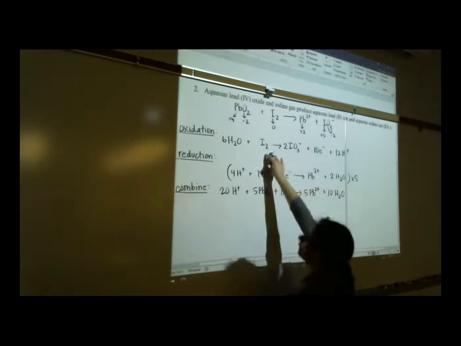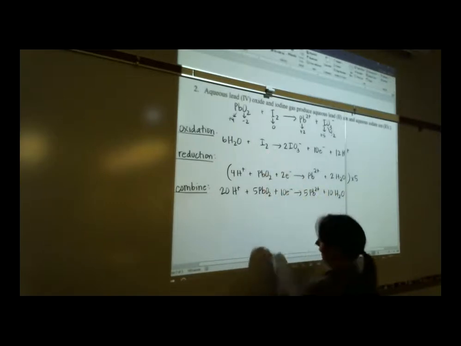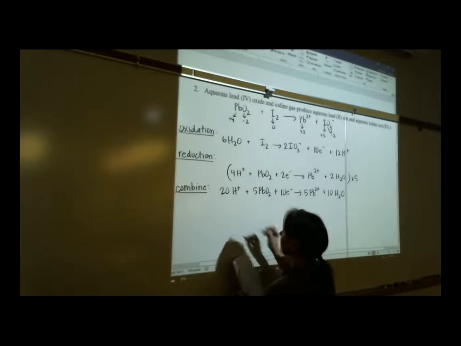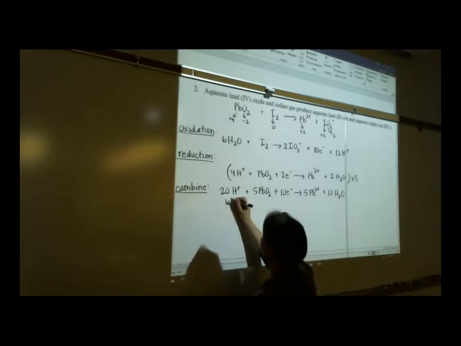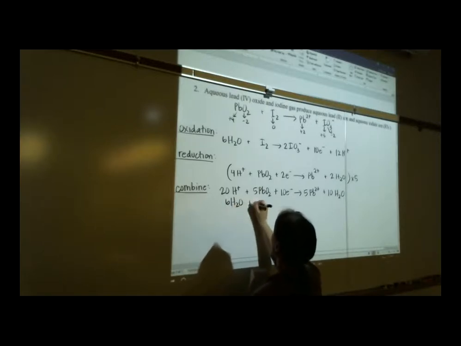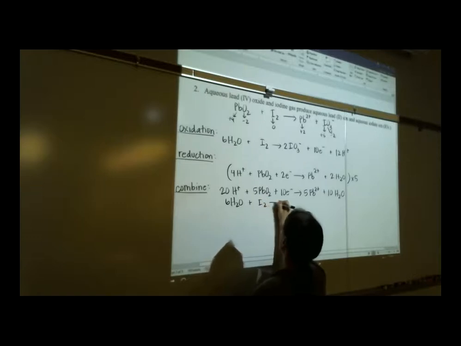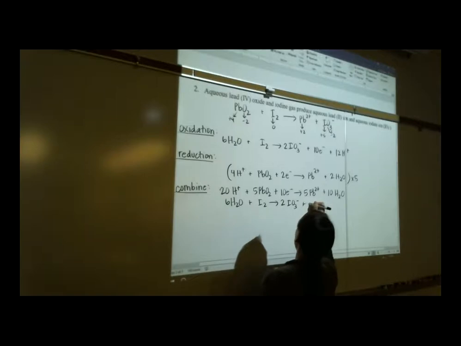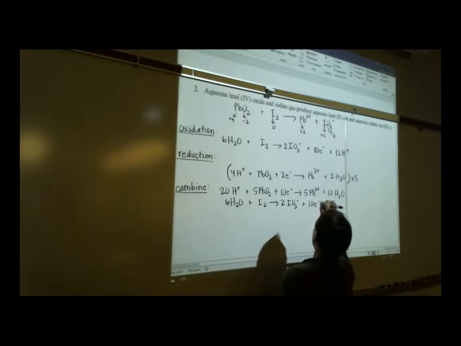And now I'm just going to rewrite this one just so I can cross things out easily. 6 H2O plus I2 gives 2 IO3- plus 10 e- plus 12 H+.